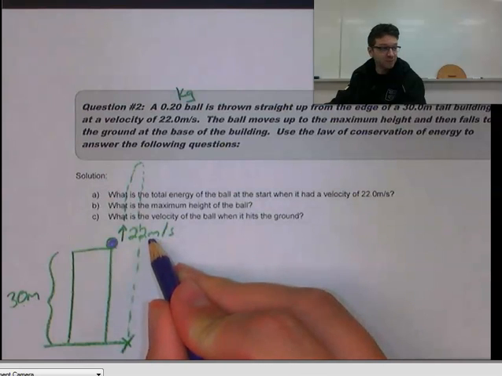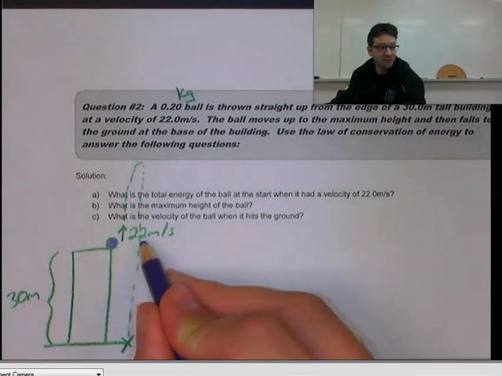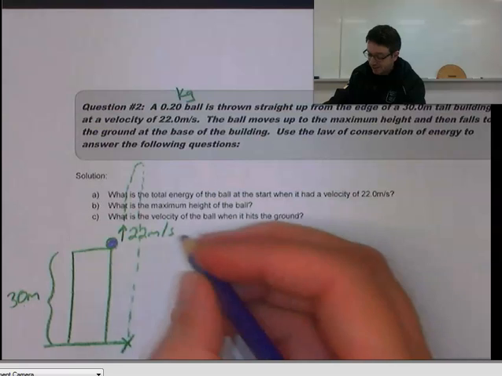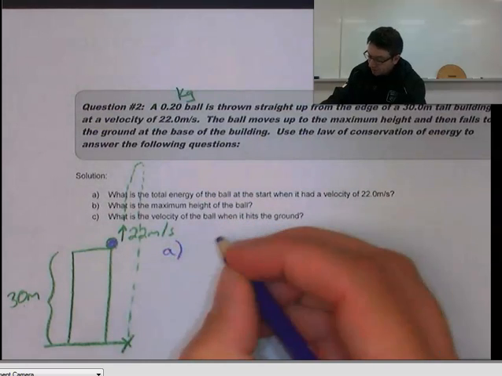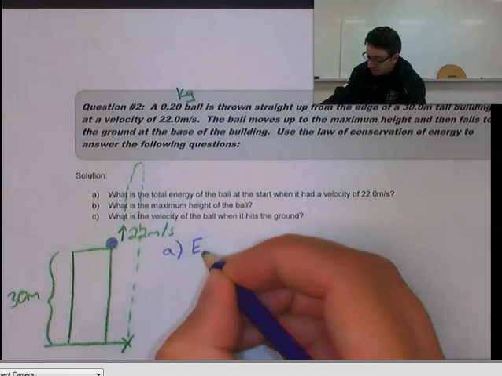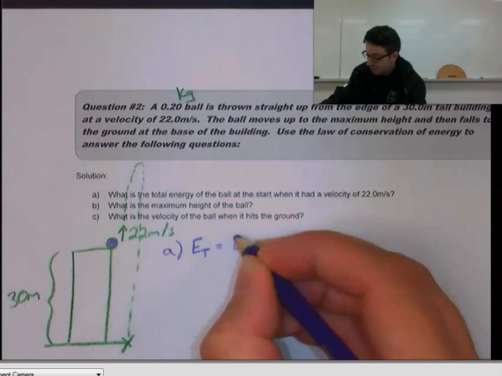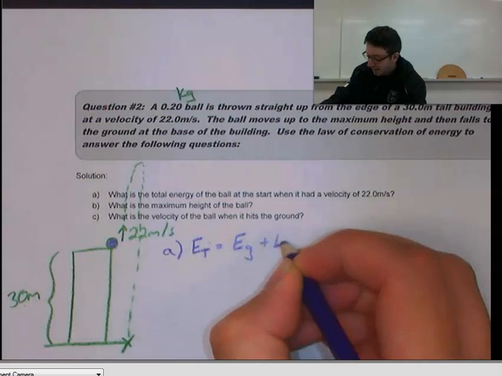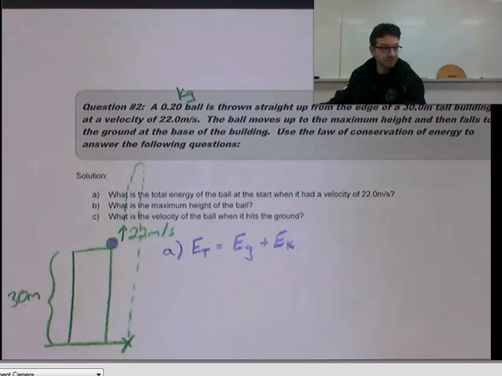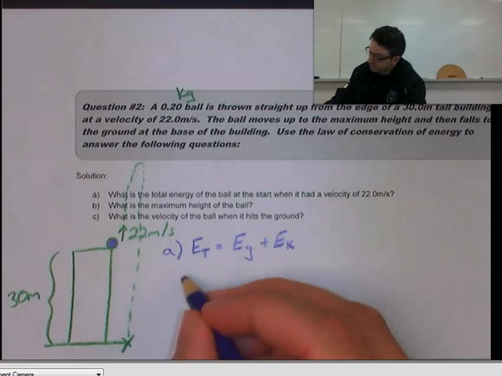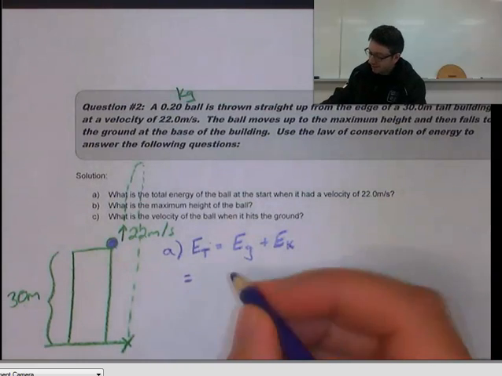We also have speed, since it's thrown at 22 meters per second, so we have kinetic energy. Our total energy is the sum of those, so we plug in the numbers for both.